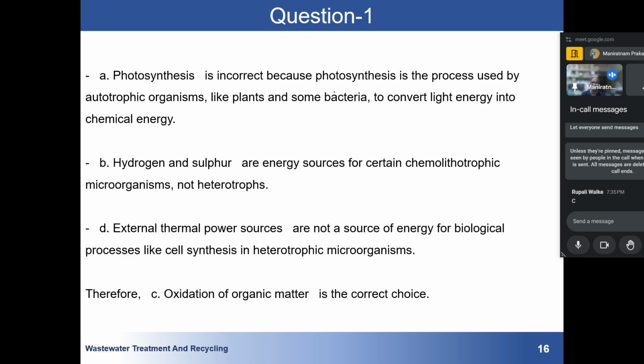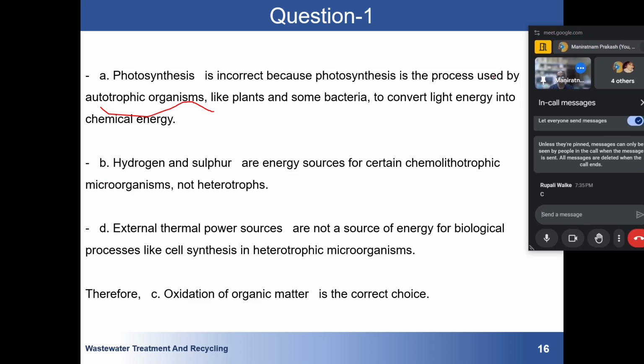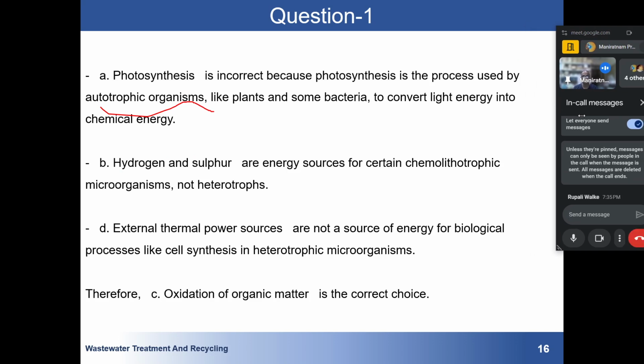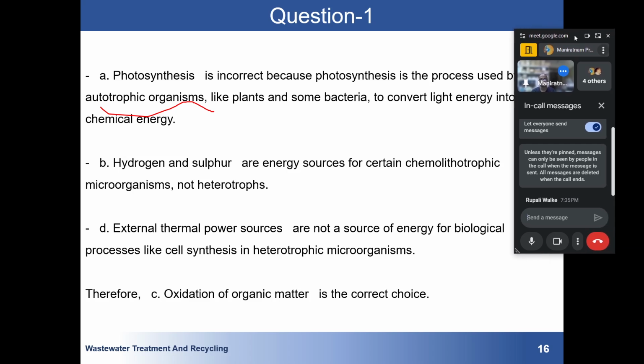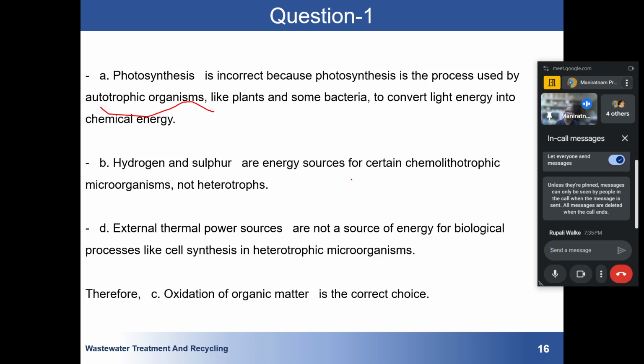Photosynthesis is incorrect because photosynthesis is a process used by autotrophic organisms. As I also said, plants and some bacteria convert light energy into chemical energy. Then we have hydrogen and sulfur, which are some chemicals; you can also see this on the net, in some standard book.